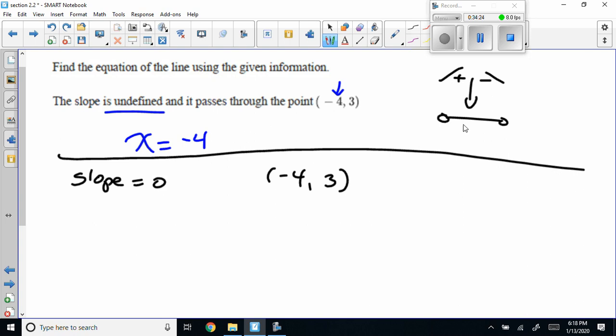Get your math right there. Horizontal, which is what? Y equals. Well, it'd be what? The 3, the Y value, right? Because it says no matter what the value of X, Y would always be 3, right?